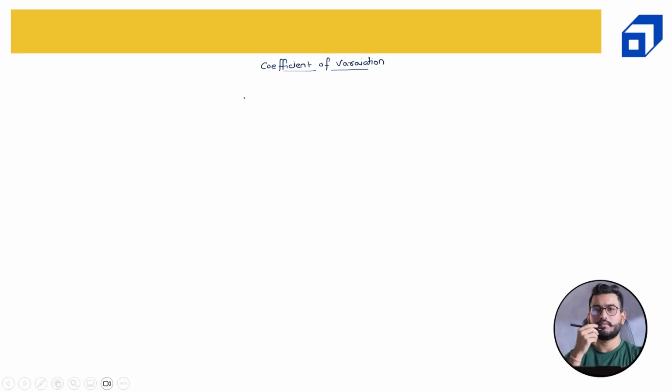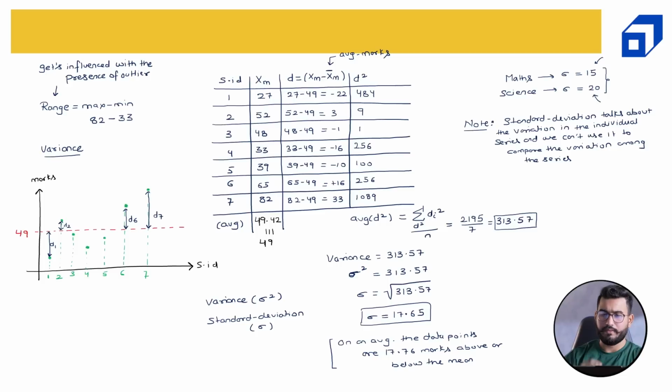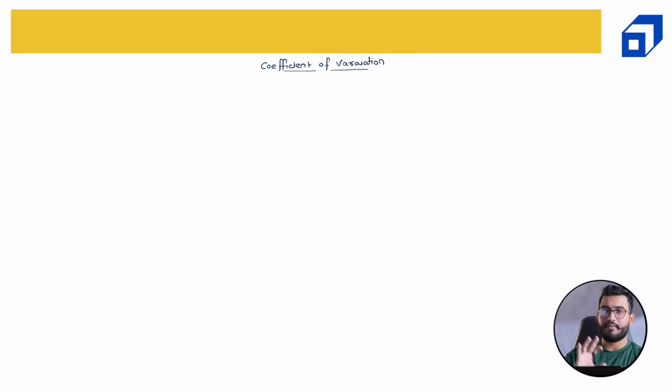As I've told you, standard deviation is limited to describing the variation within that series. So if I'm saying that the standard deviation of the maths marks is 15 and the standard deviation of the science marks is 20, I cannot use these two individual standard deviations to compare the variation among the series. For that, we have a different metric known as the coefficient of variation. Let's take one example with two series.